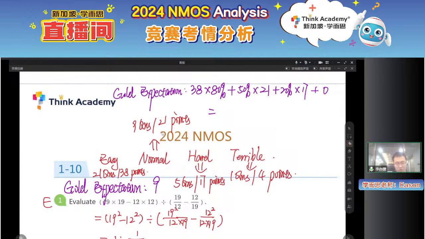So the sum of score is, calculator, 45. Okay, this is my goal expectation.